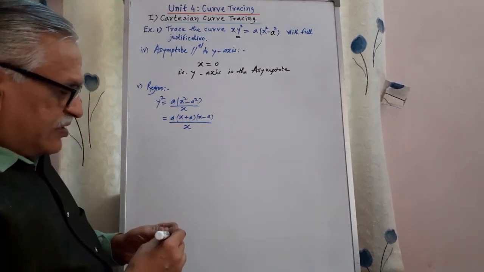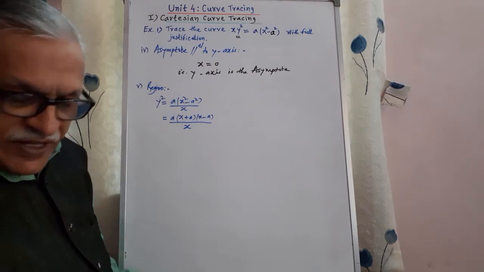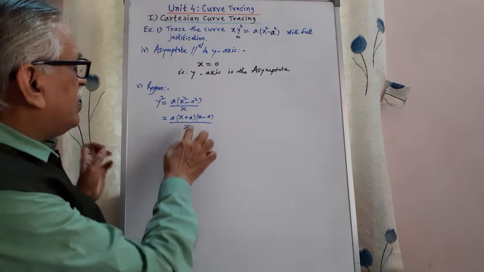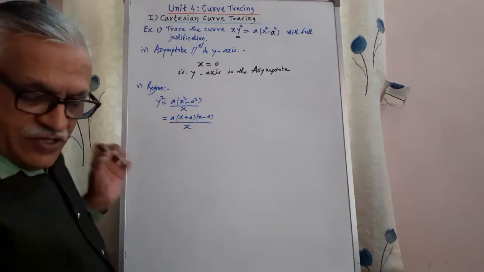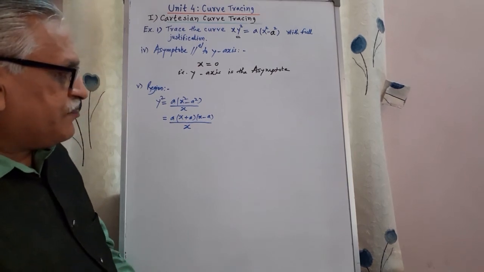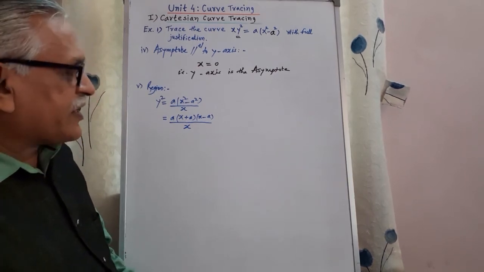And then we try to find out the values of x for which we get y square as negative. But before that, I will make the figure. I will try to show the figure.